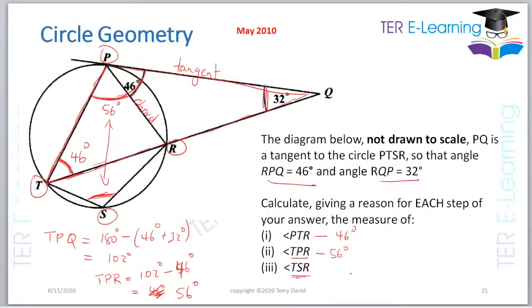So therefore TSR is equal to 180 degrees minus 56 degrees. So 180 minus 56, and you're going to get 124 degrees. So that's the answer for the last one, 124 degrees.